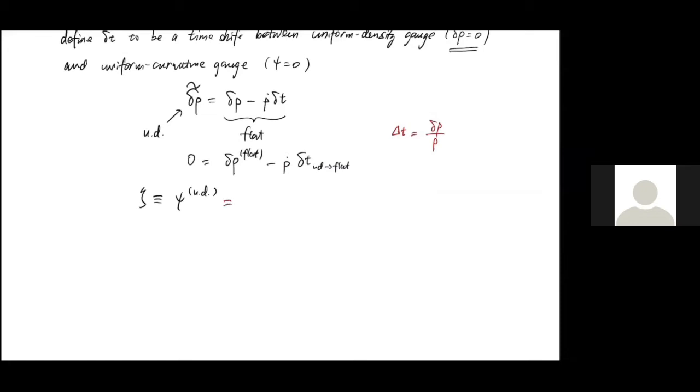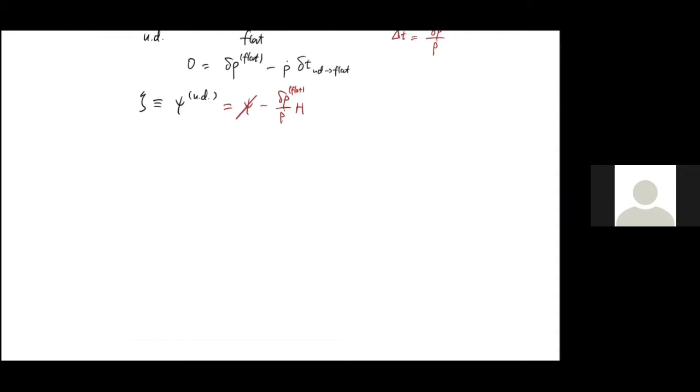Then you have the famous formula that this kind of thing is psi minus delta rho over rho dot H. So this is the definition of the curvature perturbation in uniform density gauge in the sense of the flat gauge. Of course, this is 0 in a flat gauge.